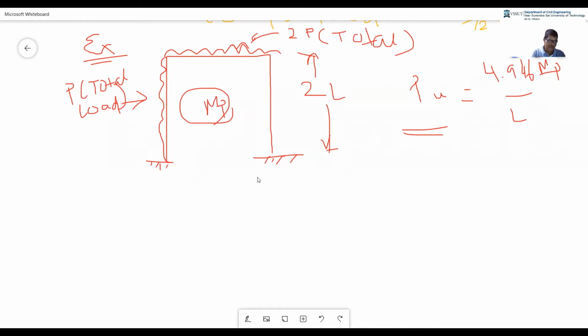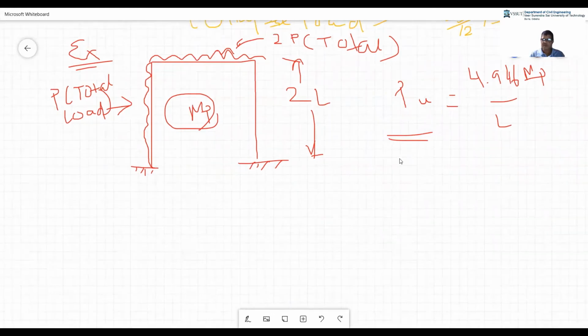Without going into the details of the panel mechanism and beam mechanism, the lowest load is expected in the combined mechanism. So that is what is asked.